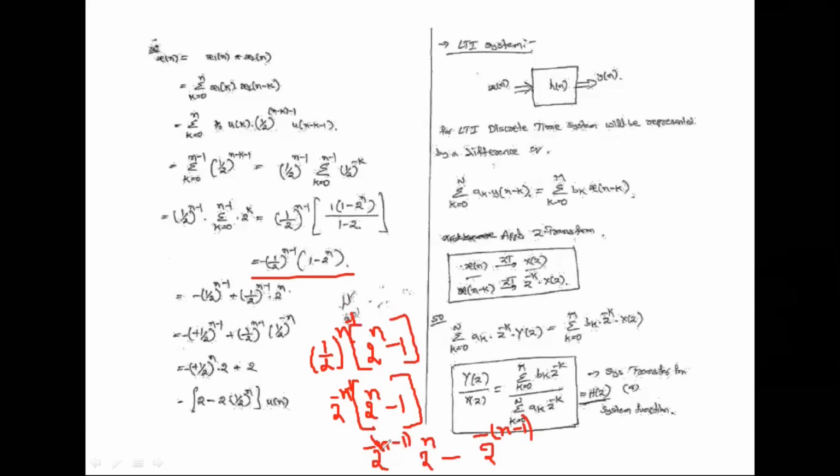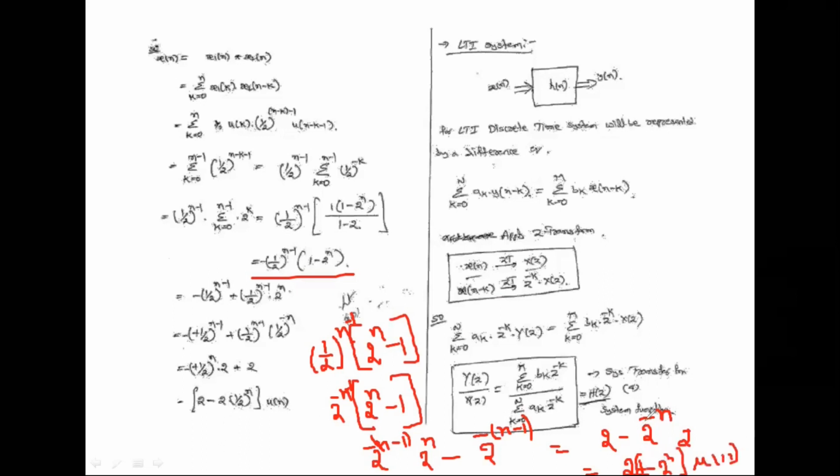Now it becomes 2 power minus n plus 1 and the 2 only. The first term becomes 2 and the second term is minus 2 power minus n. That is equal to 2 into, you can multiply, 1 minus 2 power n into mu of n.